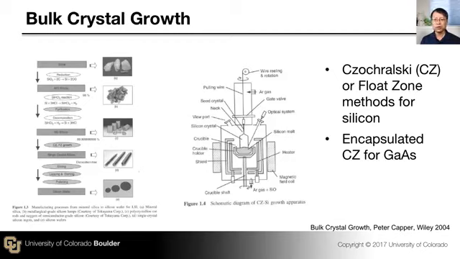To show how Czochralski growth works, you first take silica, SiO2, which is commonly found in sand. In fact, silicon and oxygen are the two most abundant elements in the Earth's crust. So you take silica, and then there's some purification process.